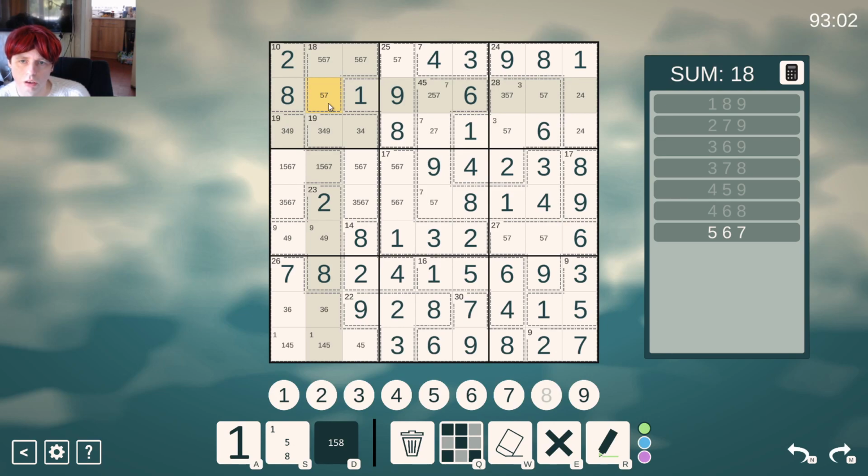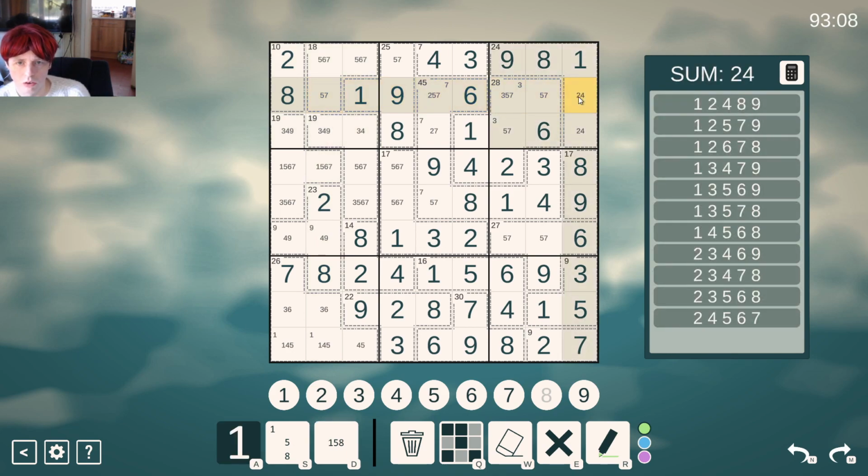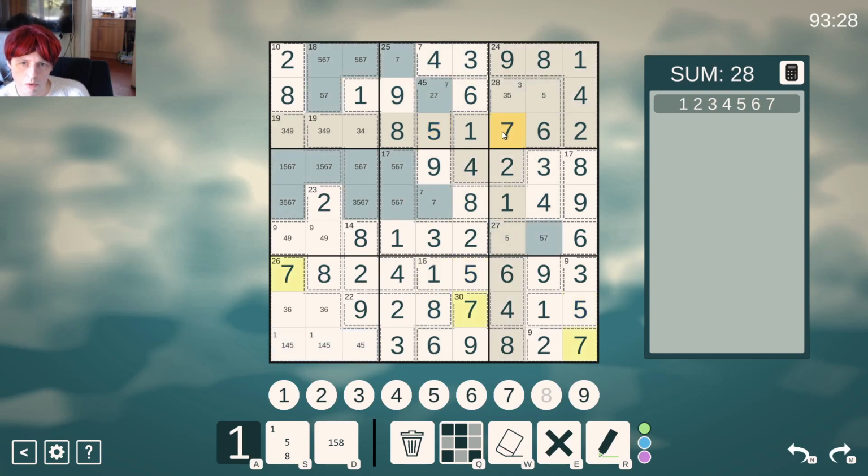Got a 2, 3, 5, 7. That's 4 then, and that's 2. That's 7. That's not 7 either. Okay, I've taken something out of here then. If it's not 7, it must be 5 then. That must be 7.